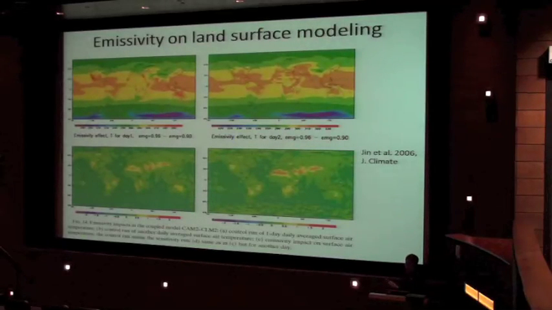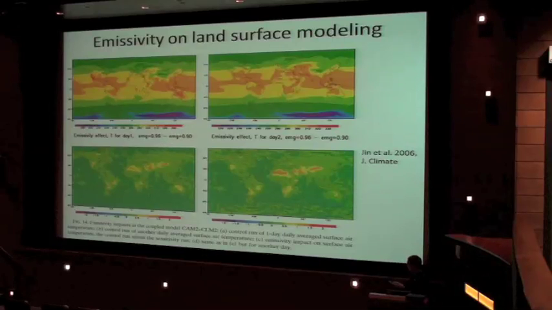The emissivity is also important for climate study. If you look at the bottom two panels here, in this study they found that by using an emissivity of 0.9 instead of 0.96, which is the default value, the simulated surface air temperature could have a difference larger than 0.5 K in a lot of areas, and in some of the areas larger than 1 K. These are quite large differences for climate study.